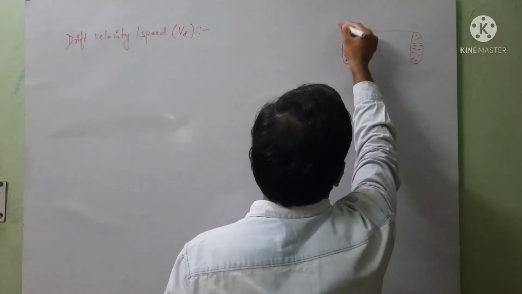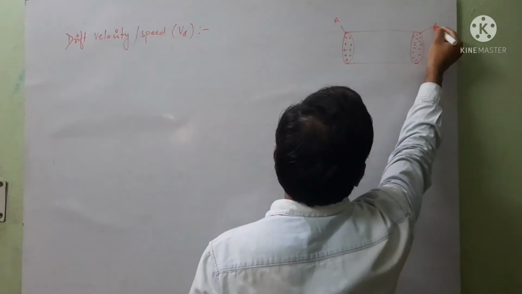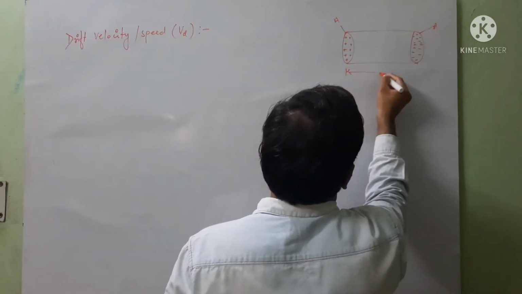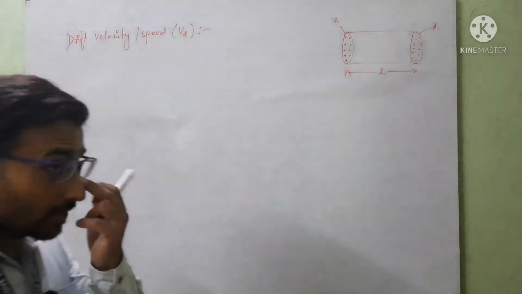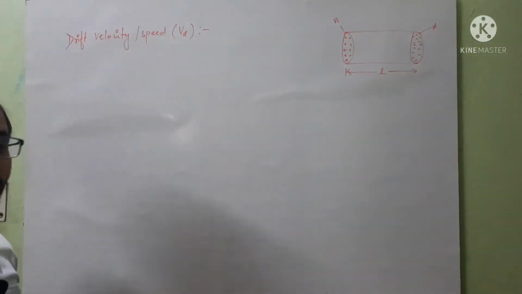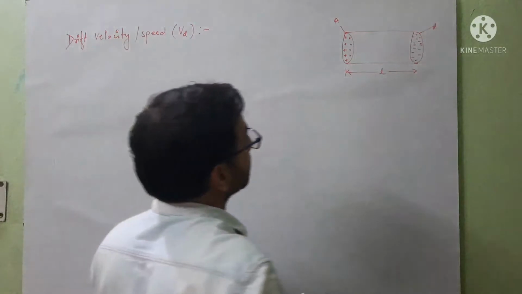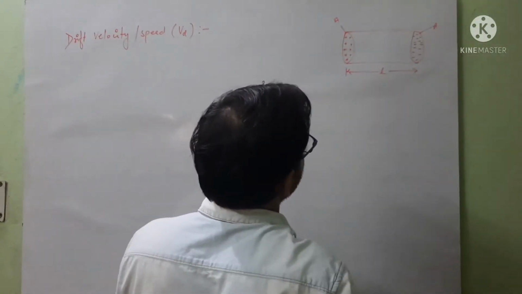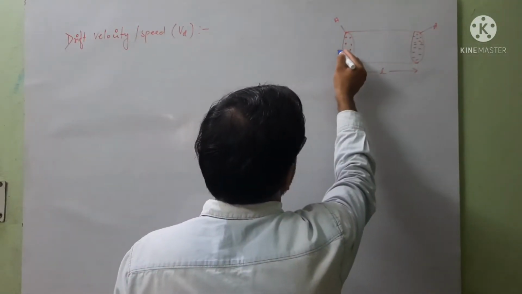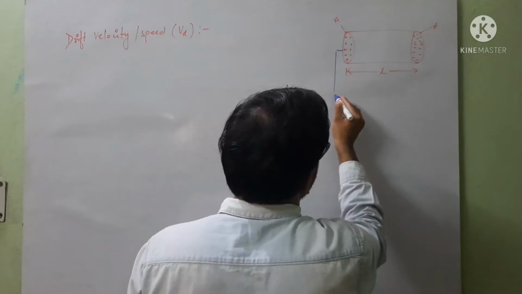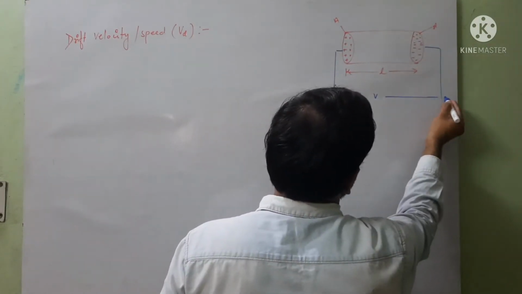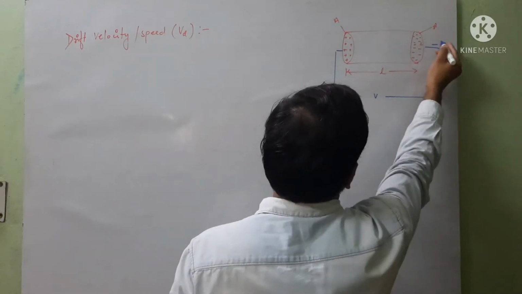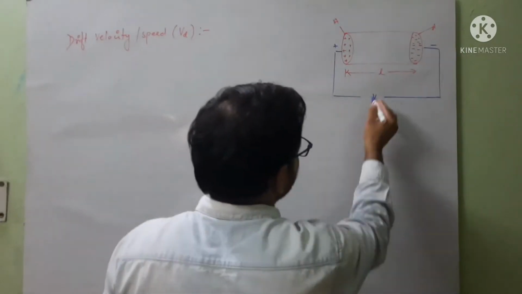Having cross section area A here also, and the length between them is L, and as we know that here we are talking about the drift velocity, so we will write the potential difference between these terminals, first is positive and other is negative, the potential difference is supposed to be V.